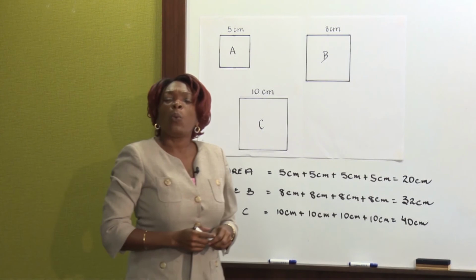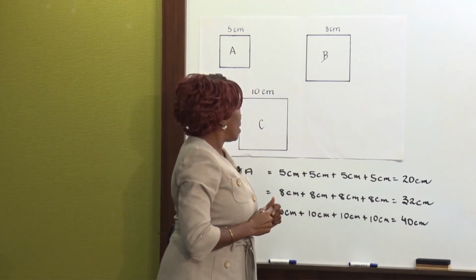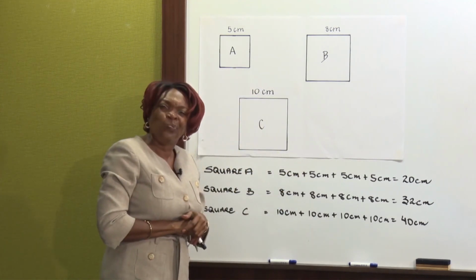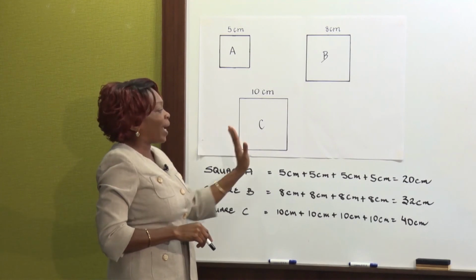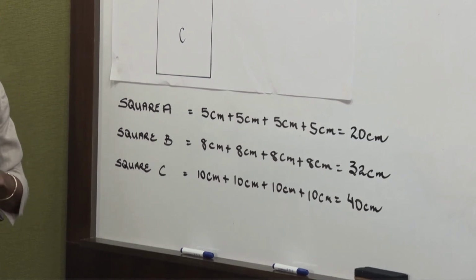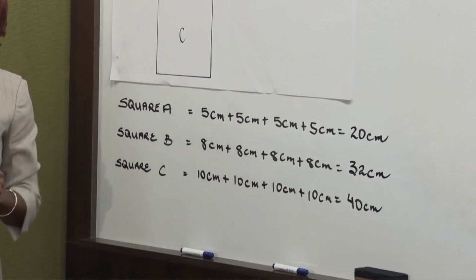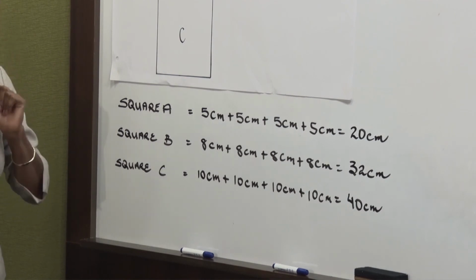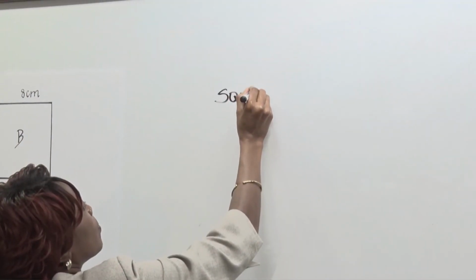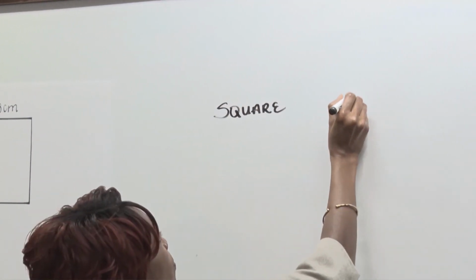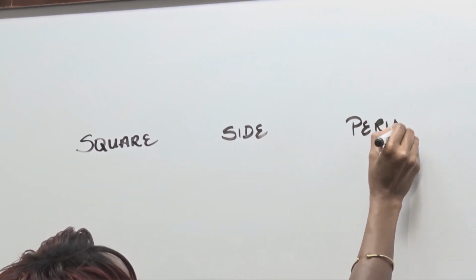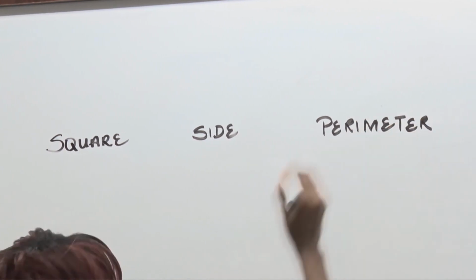Question. What if I were to find the perimeter of these squares without adding like this? I already know the perimeter of square A is 20 centimeters, the perimeter of square B is 32 centimeters, the perimeter of square C is 40 centimeters by adding the 4 lengths. I'm going to put up some information on the table now. Look at me. Right.